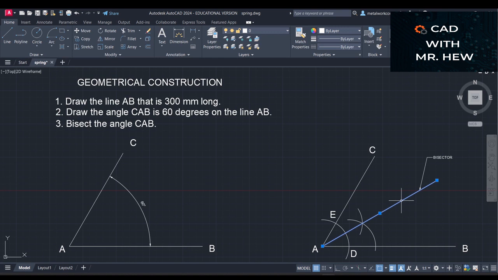If you're solving the problem graphically, meaning you wouldn't be using a calculator, you'd be using your compass, pencil, and drawing set, for example, a parallelogram of forces. If you need a 30-degree angle by construction, this is a method that you would use. Any angle that you need to bisect, this is the method you would use.